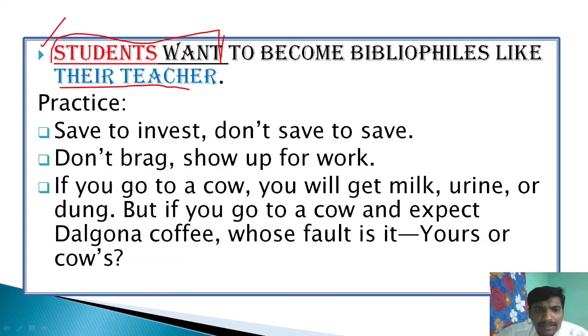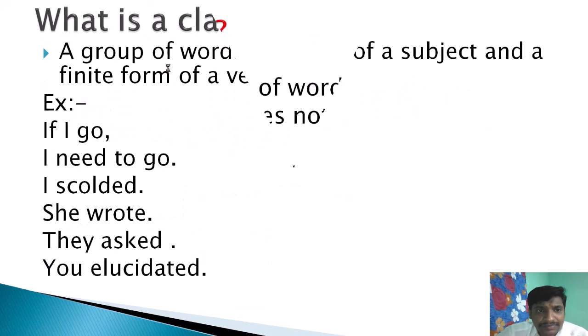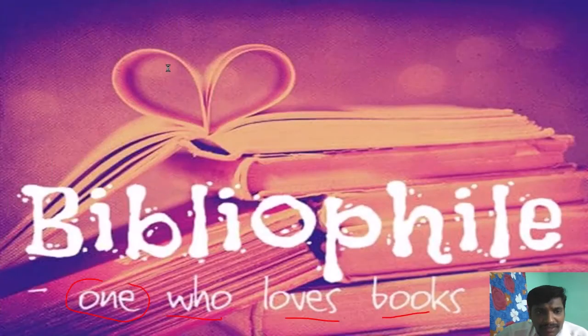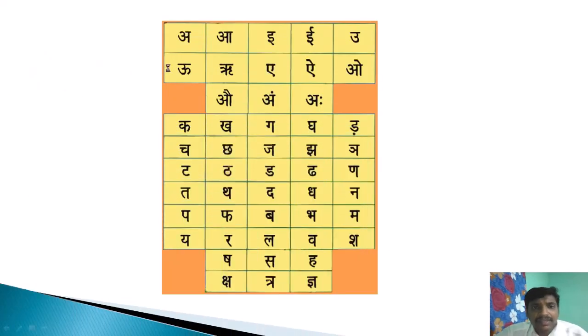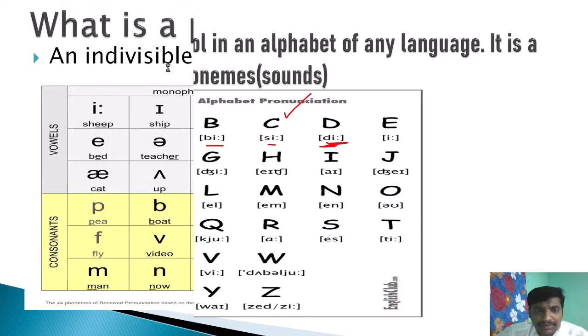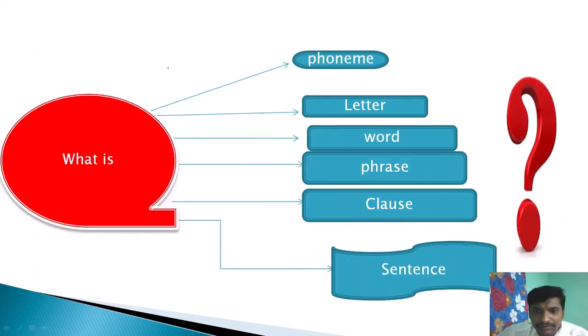Remember one thing, sentence is bigger than clause, clause is bigger than phrase, phrase is bigger than word, word is bigger than letter, letter is bigger than phoneme. Here symbolically also I have shown you phoneme is smaller than letter, letter is smaller than word, word is smaller than phrase, phrase is smaller than clause, clause is smaller than sentence.